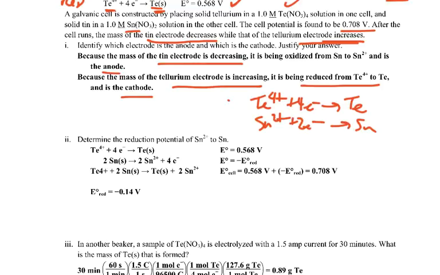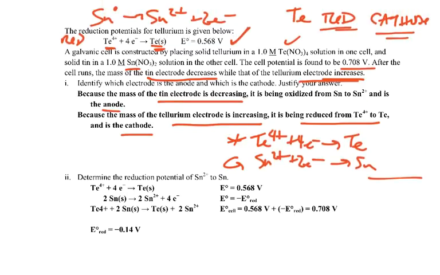Since this does happen as is and this is happening in reverse, we know that this is a higher number than this, and this is 0.568 volts E0, and this guy here says that's going to be X, and when we're done, it's going to come out to be 0.708. That was the measured voltage of the cell.